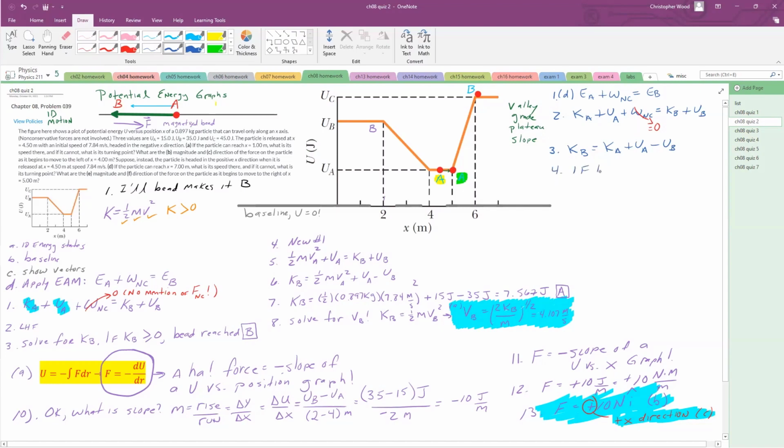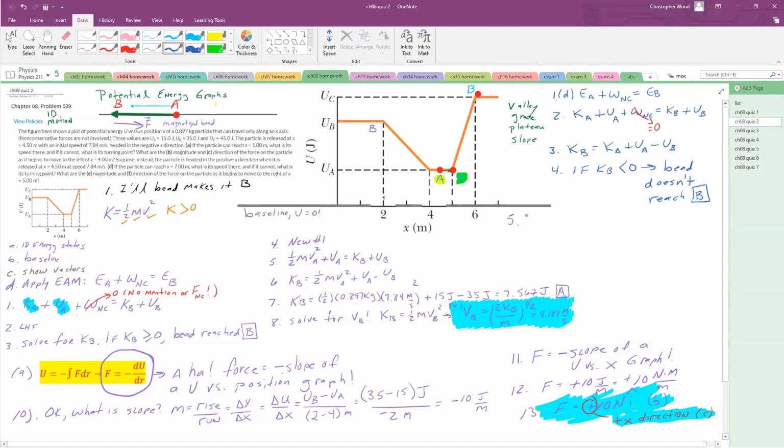If K sub B is less than 0, that means the following. The bead, this little red bead, does not make it. The bead doesn't reach point B. Okay, so it's that same rationale.